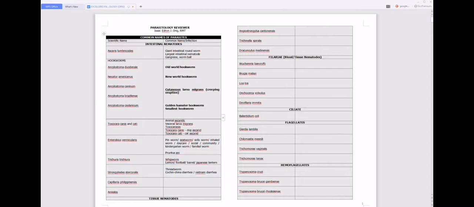Next, Capillaria philippinensis. So Capillaria philippinensis can also be called as mystery worm, putok worm. Kasi doon siya na first identified sa putok or peanut worm. Kasi di ba, Trichuris trichura, lemon, football shape, Japanese lantern.